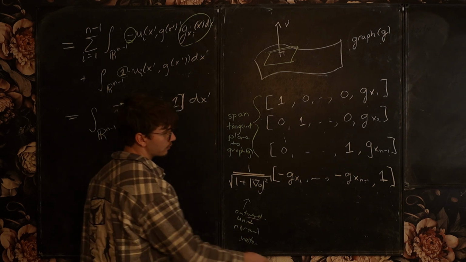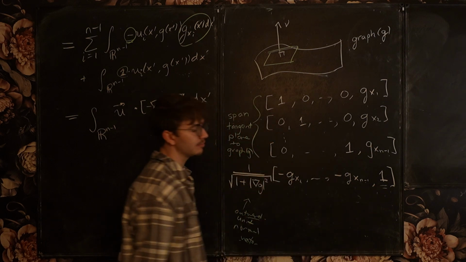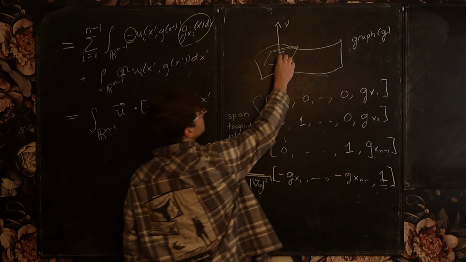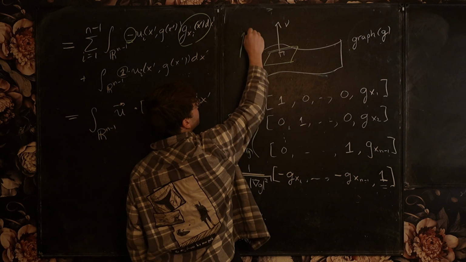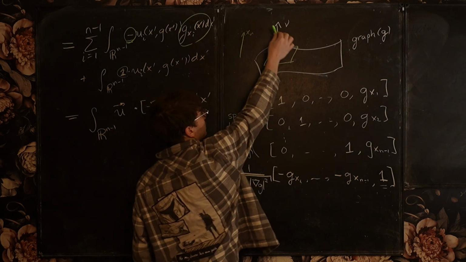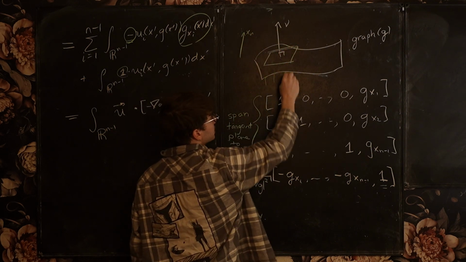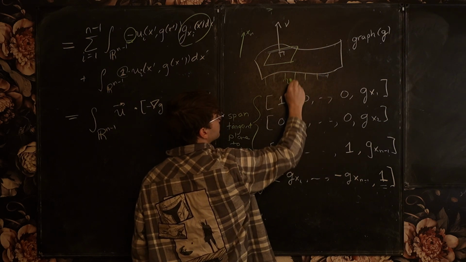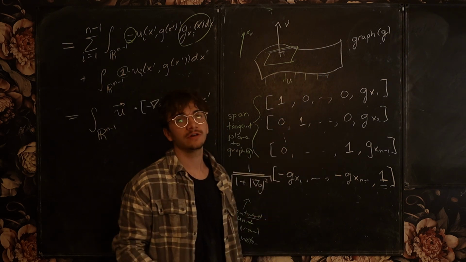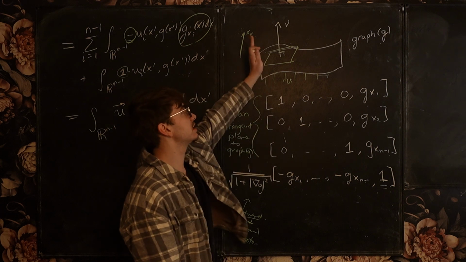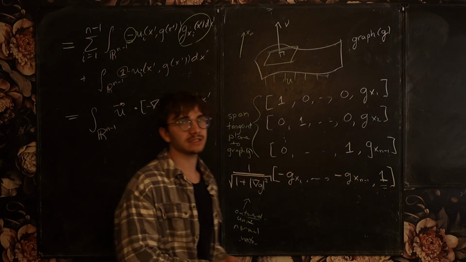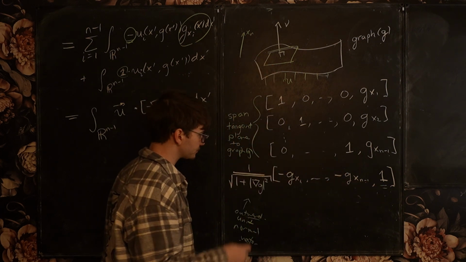Notice that it's outward because the xn component is positive. So in our picture here, we want an outward vector. Remember, the set U is beneath the graph of f. So the outward normal vector is going to be in the positive xn direction.